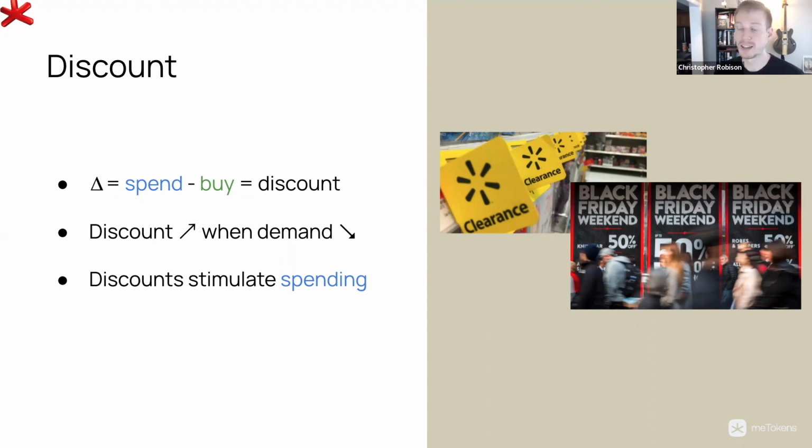You could see this in the clearance bins in retail stores when they're trying to clear out some of their old inventory that's not getting sold, and they need to make room for new inventory. During the part of the year historically when there's a lull in sales, like Black Friday was created, or at least that's the folklore behind it. But we see these instances of when there's poor economic times, discounts or sales are offered to help stimulate spending.